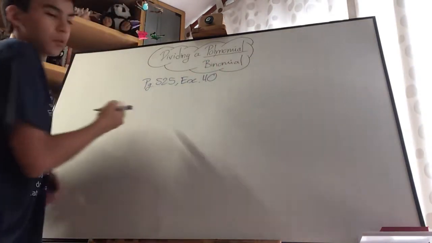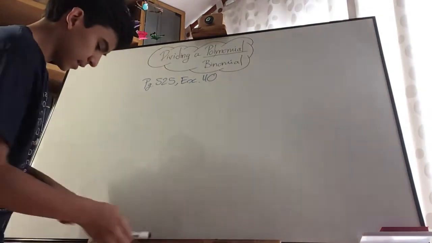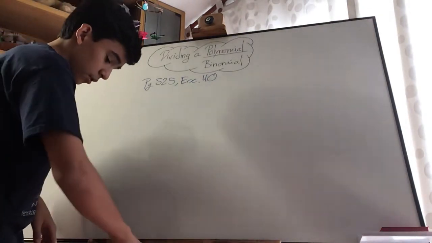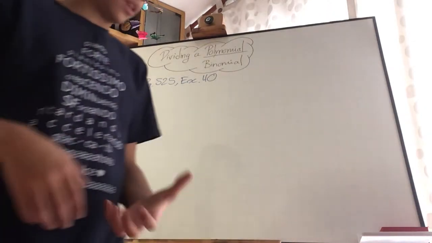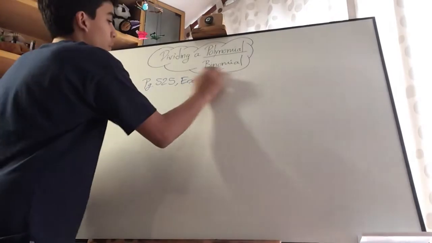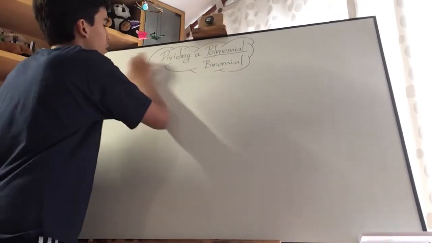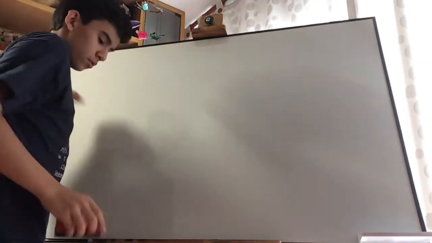What I love about this exercise is that, first of all, it is a polynomial being divided by a binomial, which is the biggest type of division we are studying right now, and that it has remainders. And something very interesting happens with remainders that I'm going to explain.